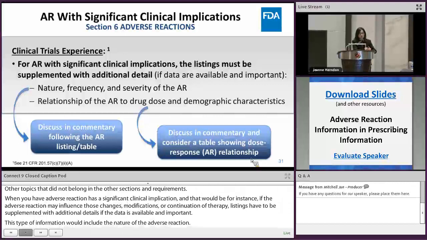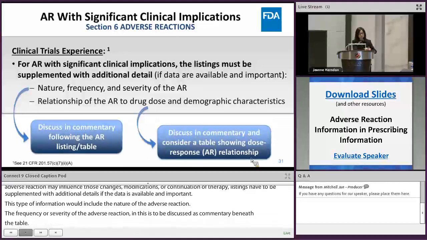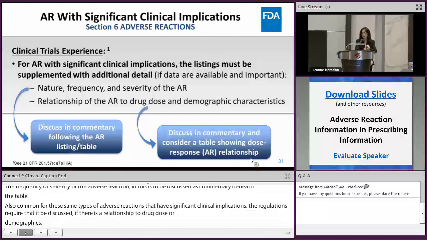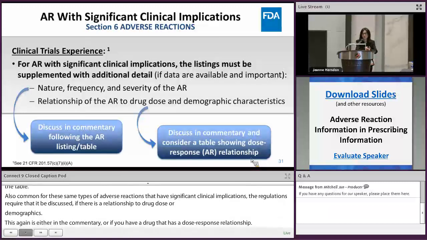Also, for these same types of adverse reactions that have significant clinical implications, the regulations require that it be discussed if there's a relationship to drug dose or demographics. I'm sorry, I'm talking away from the microphone. Drug dose or demographics. This is, again, either in the commentary, or if you have a drug with a dose-response relationship, consider including this in a table of its own, particularly if dose selection is allowed and you're titrating doses.